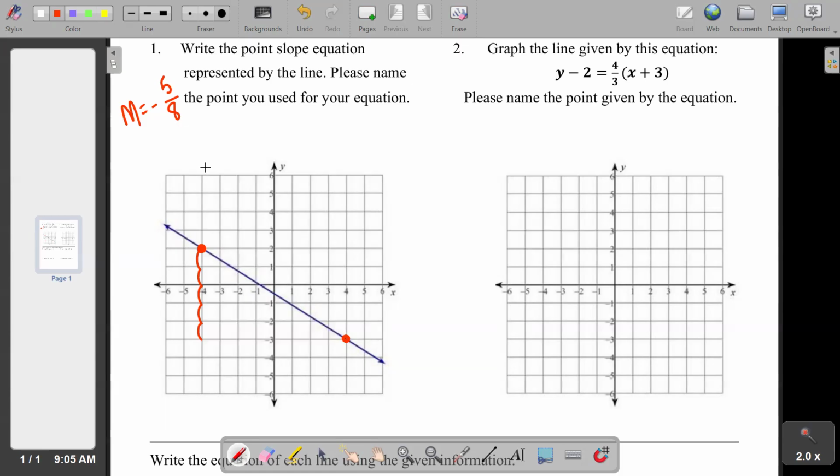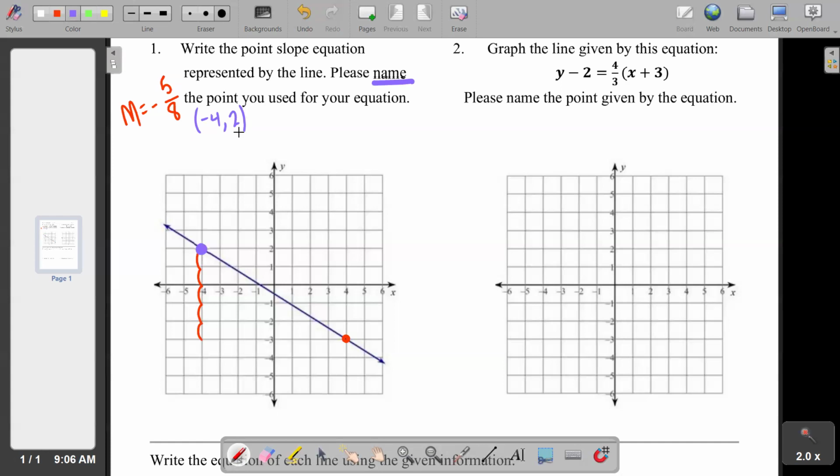So it's at this point that I would see some 50-50 split. If you elect to use the purple point, you would name that point first and foremost. I would write down the name of that point. I will not be very happy if you don't. So the point's name is -4, 2.